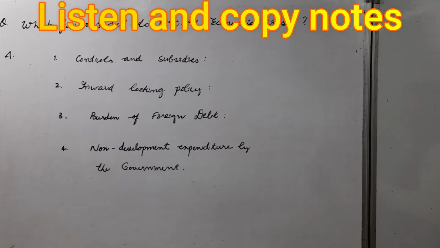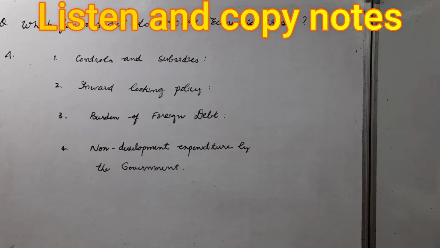The license permit control raj was bad. There was a raj of preferences, reservations and subsidies. Only a few selected industries were given preferences, licenses and huge subsidies. That led to monopolistic tendencies, so only a few people had monopoly power. That's the first point, controls and subsidies.